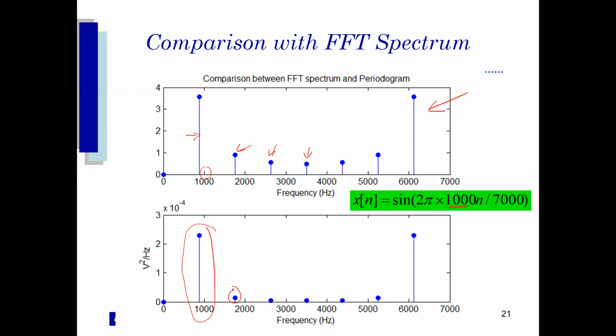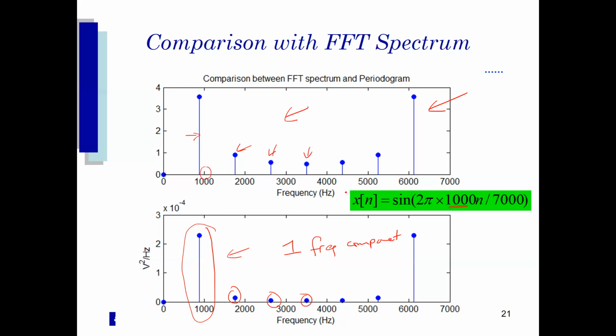The rest are negligible. So the periodogram on something like this is giving me a much clearer picture. What I could say here is that this definitely has one frequency component. Everything here is negligible. So this signal most likely has one frequency component.